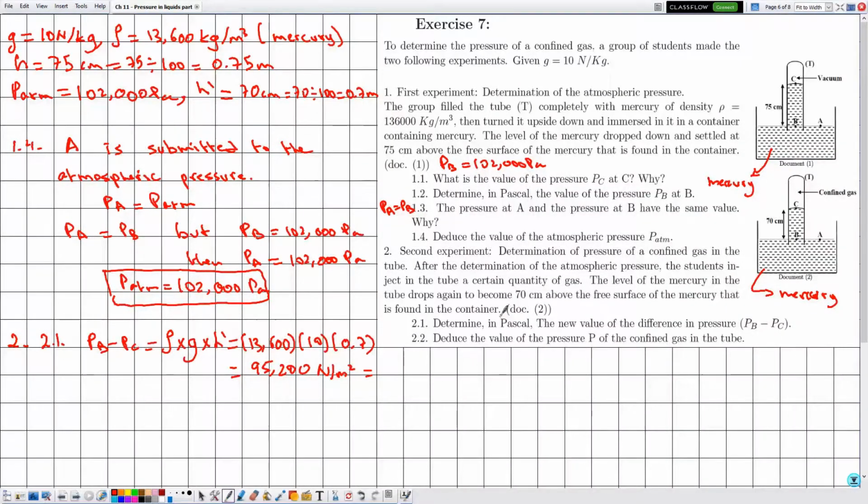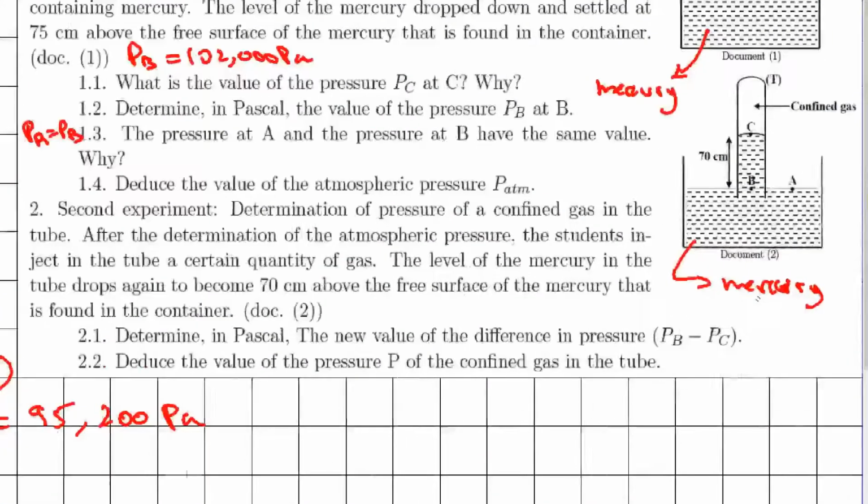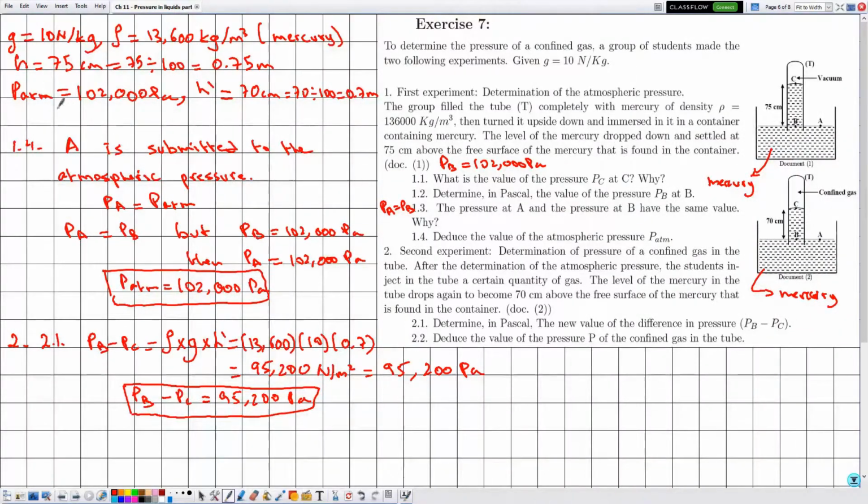For this reason they are telling me to determine it in Pascal. Then PB minus PC is equal to 95,200 Pascal.